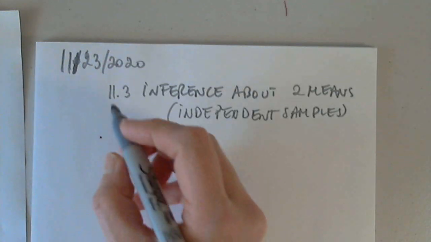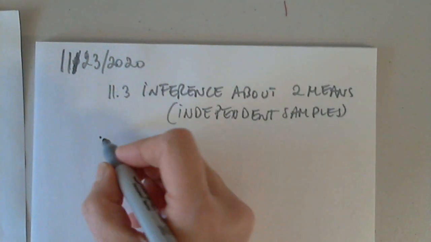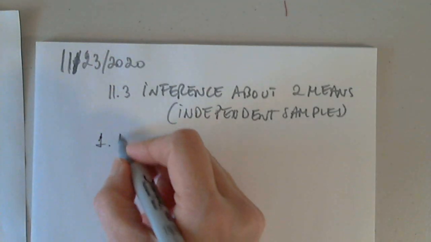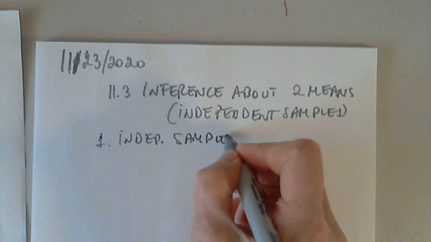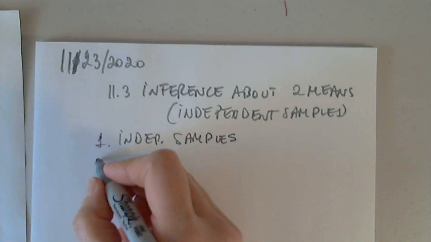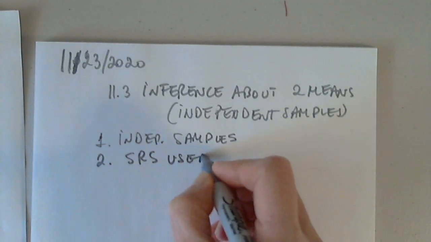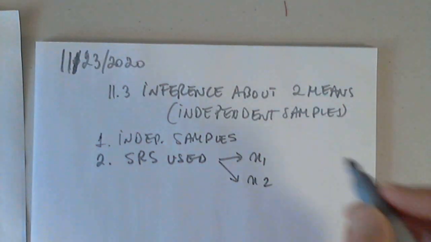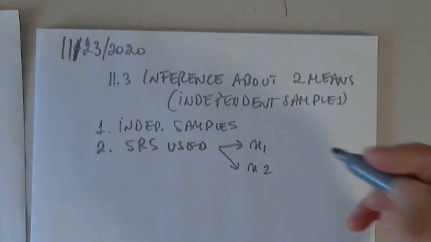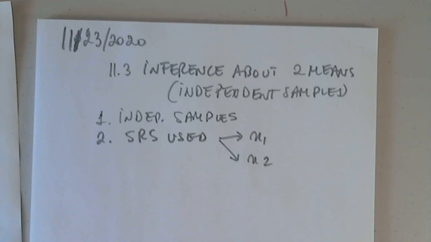Assumptions: number 1, independent samples. And number 2, we have simple random samples used, and n1 and n2 to collect samples, n1 from population 1 and n2 from population 2.